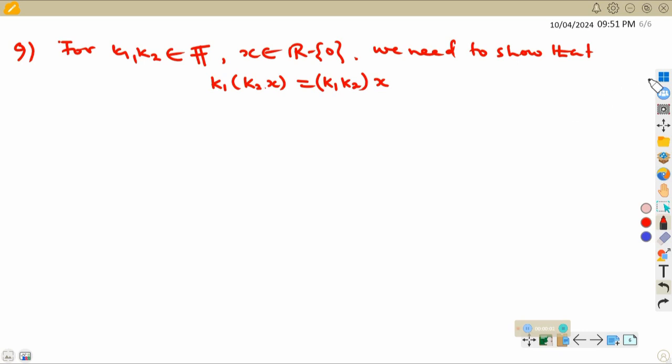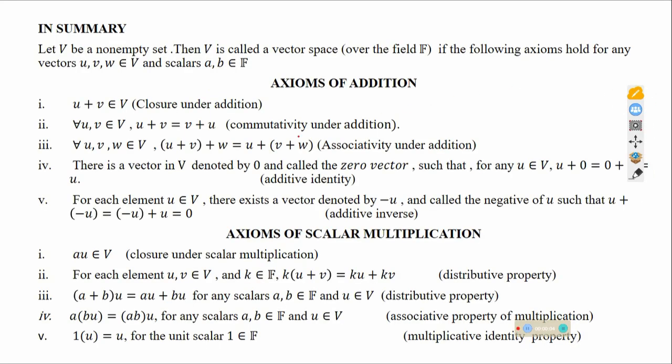Let us talk about axiom number 9. You recall from our summary of axioms, axiom number 9 says that if you have a scalar times another scalar multiplied with a vector, you should get the two scalars multiplied with this. We are aiming at proving this, which is the associative property of multiplication.